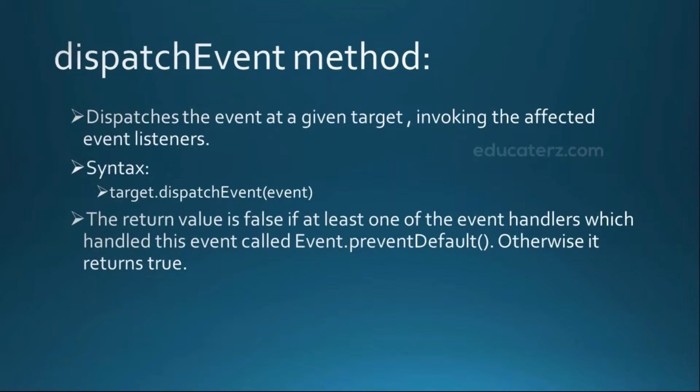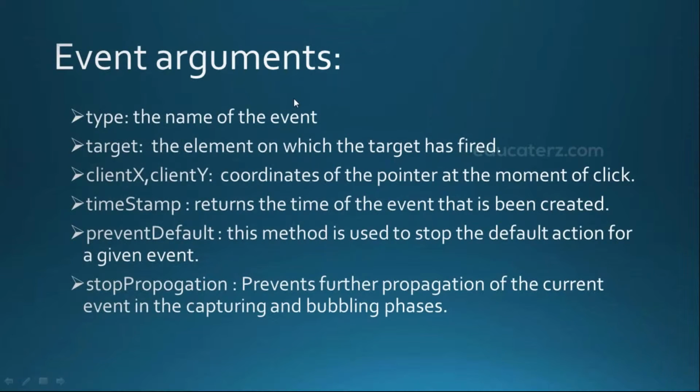So coming to event arguments. When an event handler is called, it will pass an argument object to the event handler. The argument contains a number of properties. Let's check out some of them. First one is type, the name of the event. It contains the type of event, like onclick or mouseover, that is being traced.